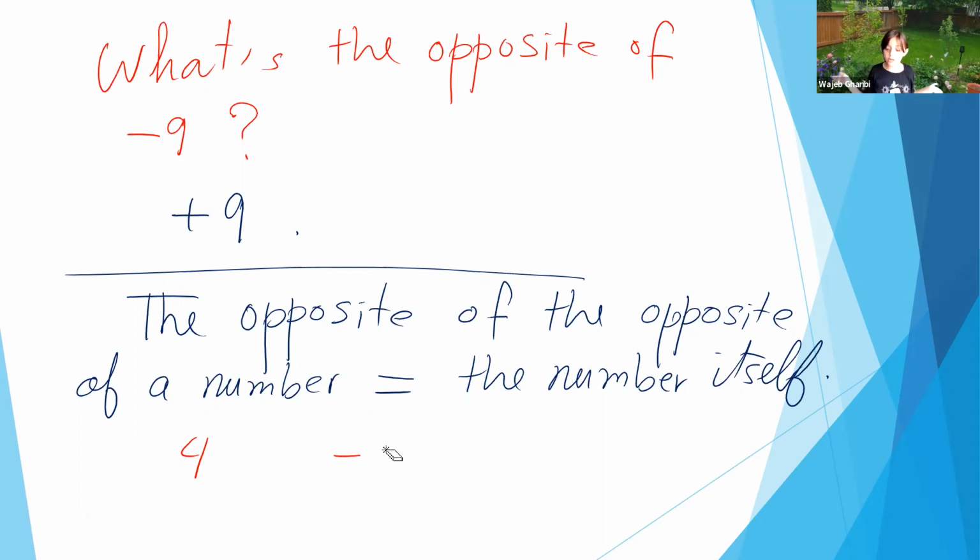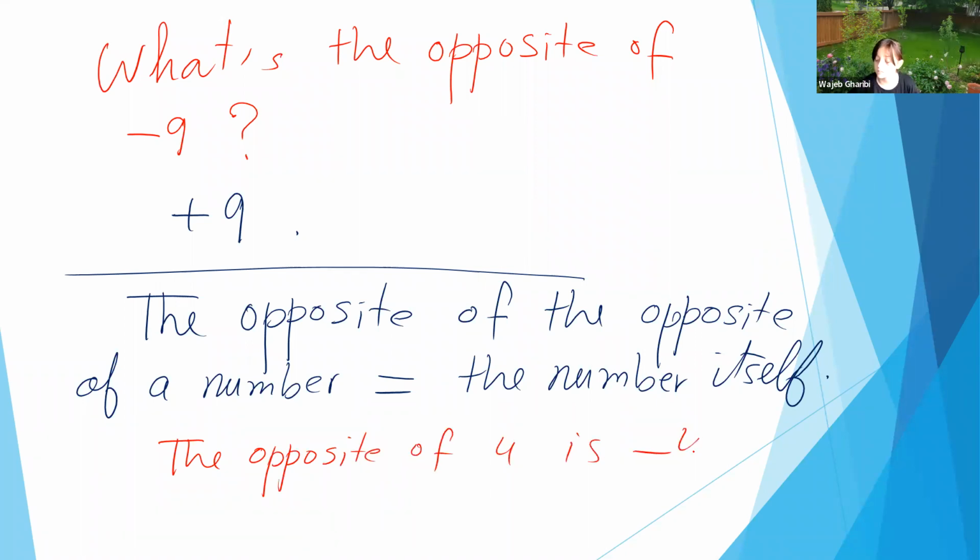So let me write it like that: the opposite of 4 is -4, and the opposite of -4 is 4. Means the opposite of the opposite of a number equals the number itself.